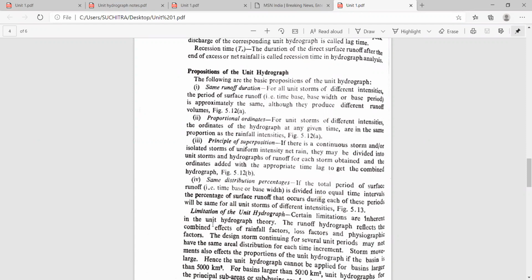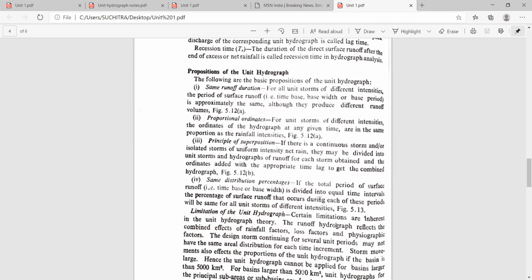Now, the unit hydrograph theory has certain limitations. Certain limitations are inherent in the unit hydrograph theory. The runoff hydrograph reflects the combined effect of rainfall factors, loss factors and physiographic factors of the catchment area.